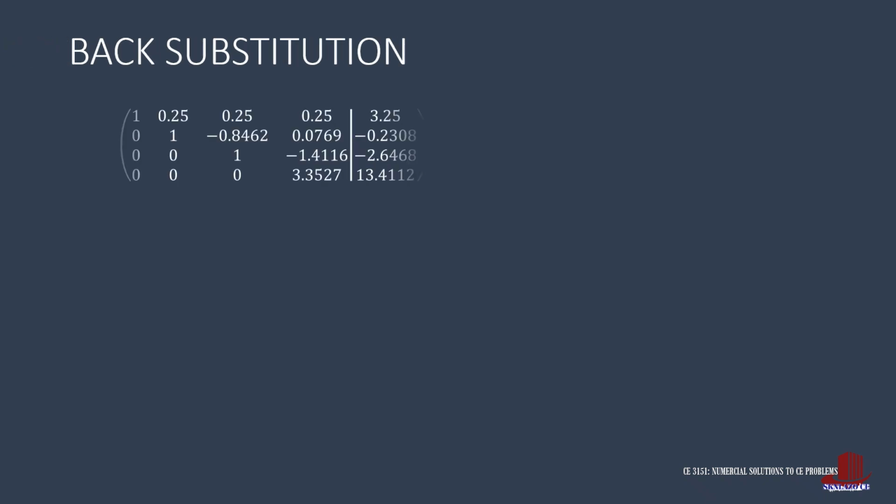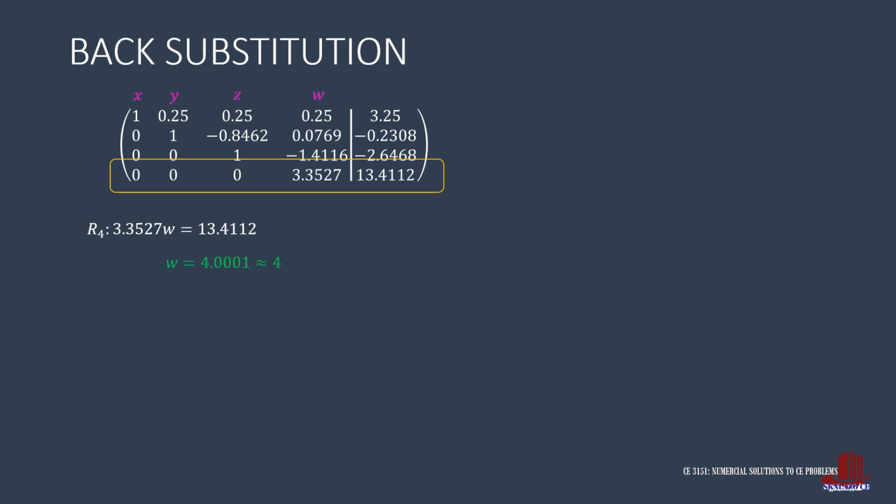Now that the matrix is triangular, we can work on back substitution to look for the variables x, y, z, and w. From the bottom row, there is 3.3527w as equated to 13.4112, where w is then solved as 4.0001, taken as 4.